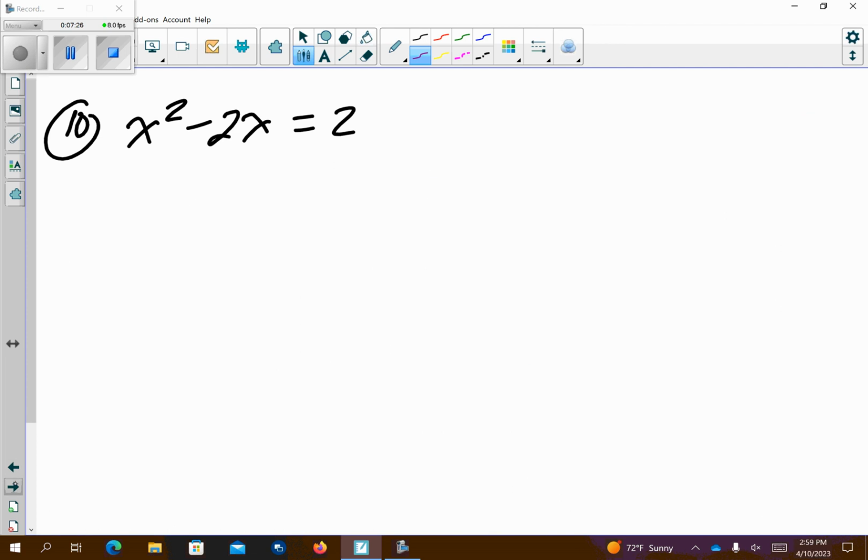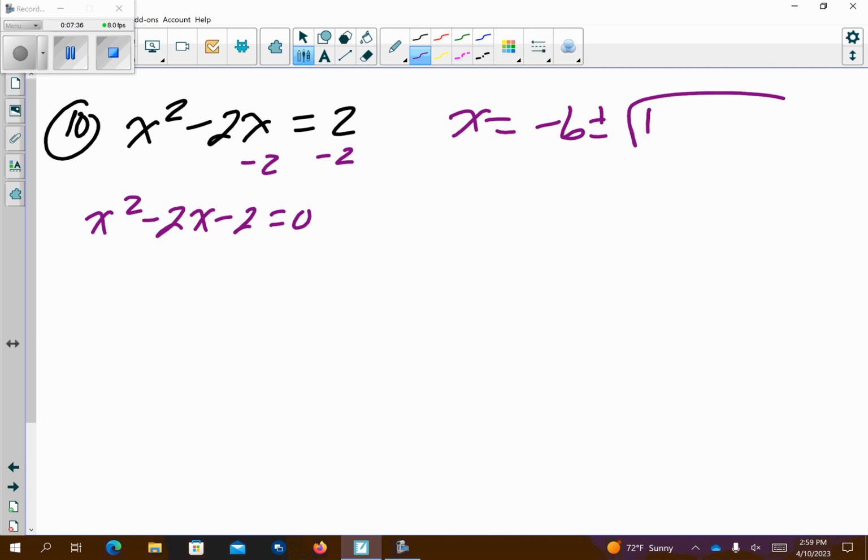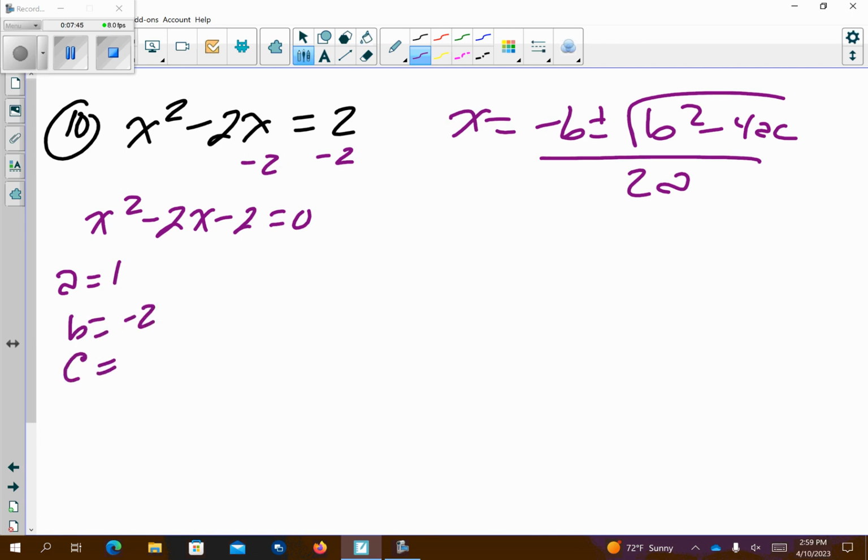Number 10, it's not equal to 0, so I have to bring this 2 over by subtracting it. So I'm going to get x squared minus 2x minus 2 equals 0. I know that x equals negative b plus or minus the square root of b squared minus 4ac, all over 2a. I know my a value is 1, my b value is negative 2, my c value is negative 2.